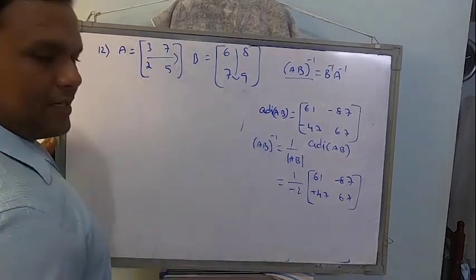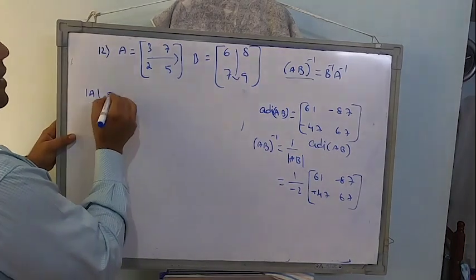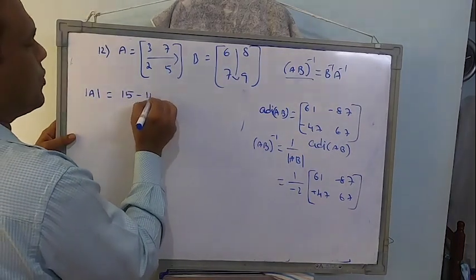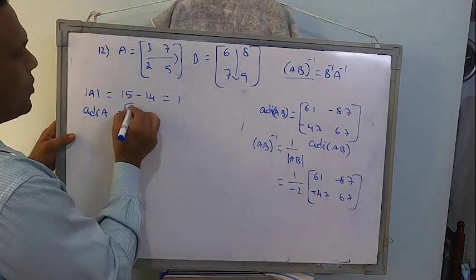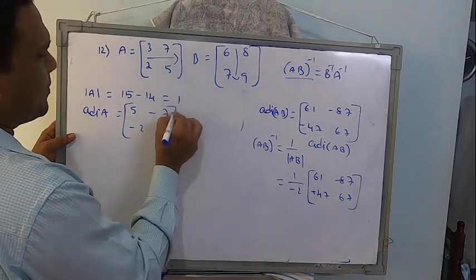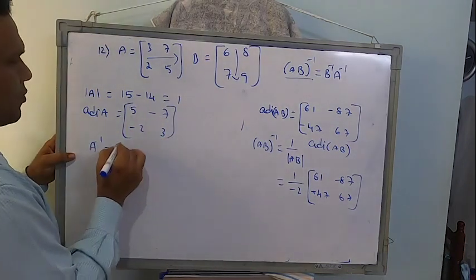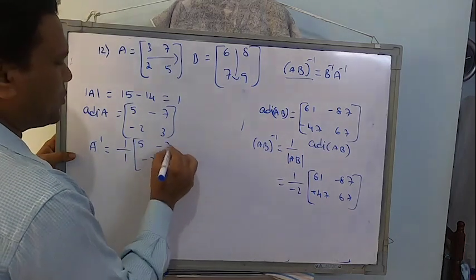Now to find the right side, I should find A inverse and B inverse, correct? Now, so determinant of A will be 15 minus 14 will be equal to 1. Adjoint of A equal to 5 minus 7 minus 2, 3. Therefore, A inverse equal to 1 by 1 multiplied by 5 minus 7 minus 2, 3.